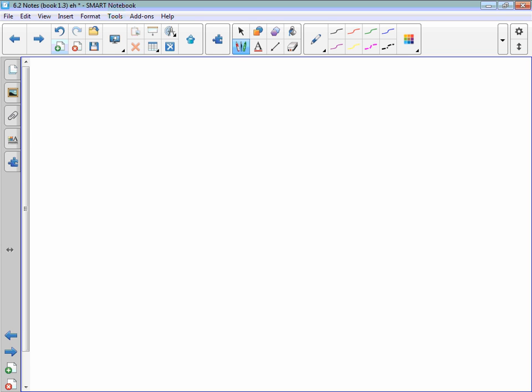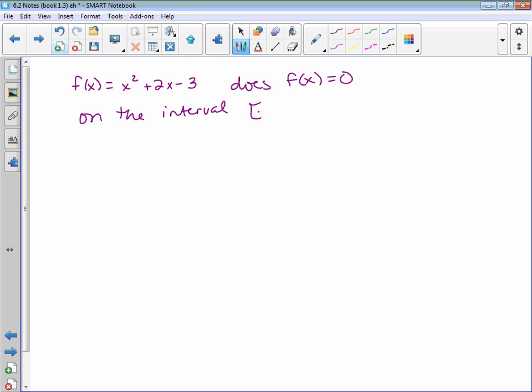Okay, so f of x equals x squared plus 2x minus 3. Does f of x equal 0 on the interval -1 to 3?